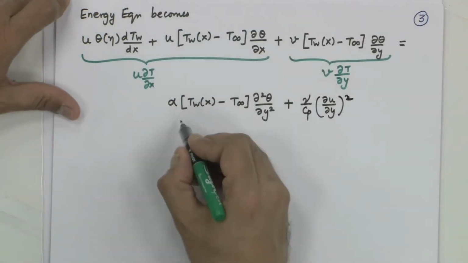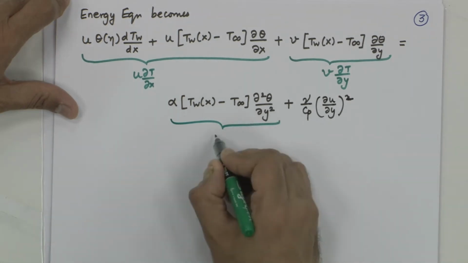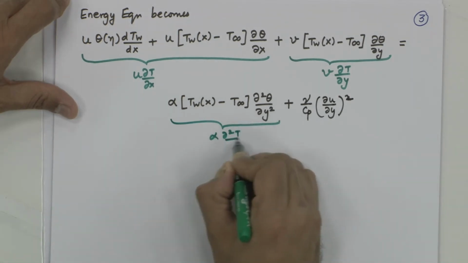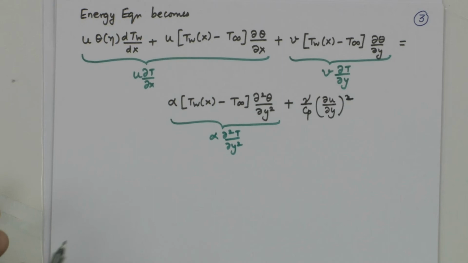So this term is your alpha d squared T/dy squared.